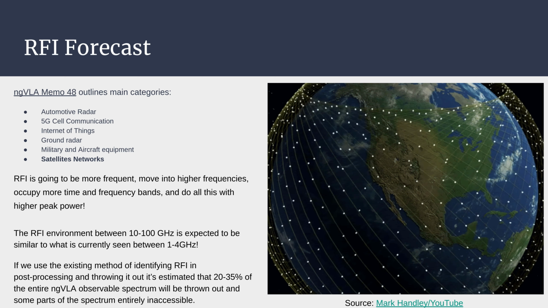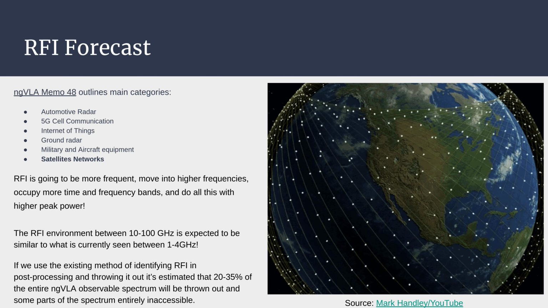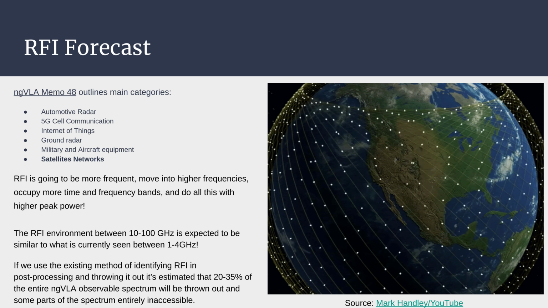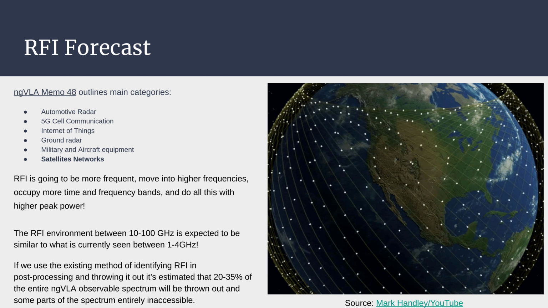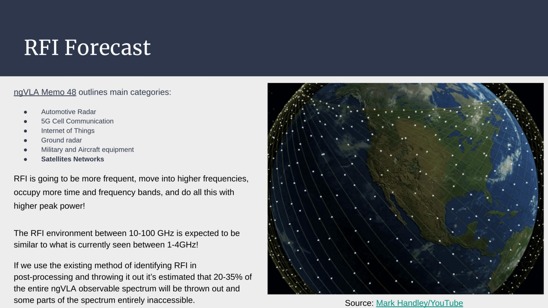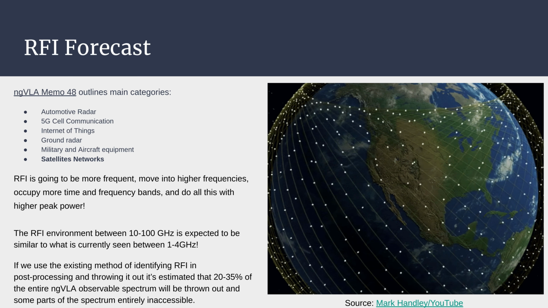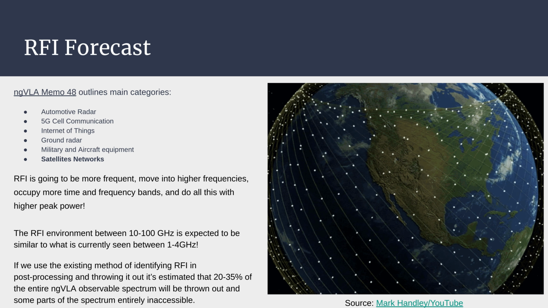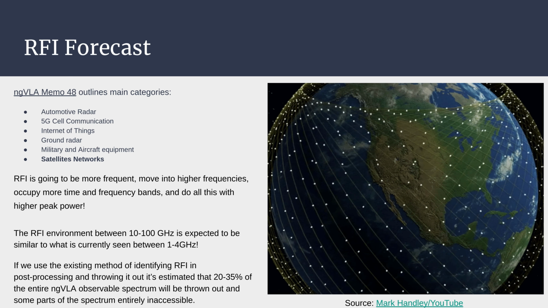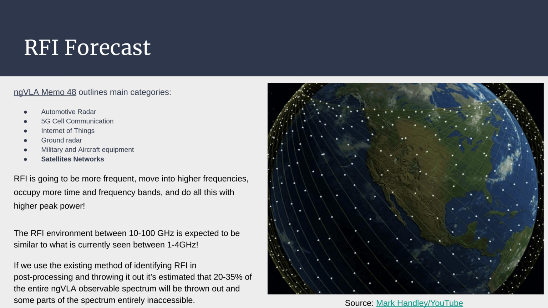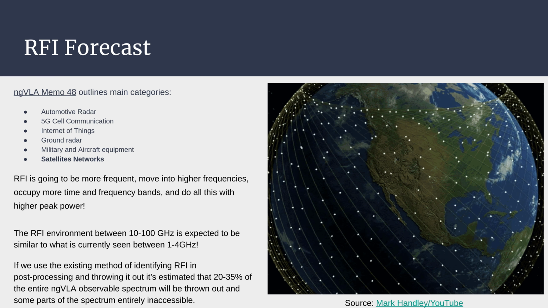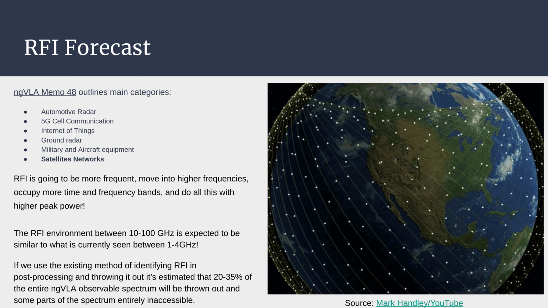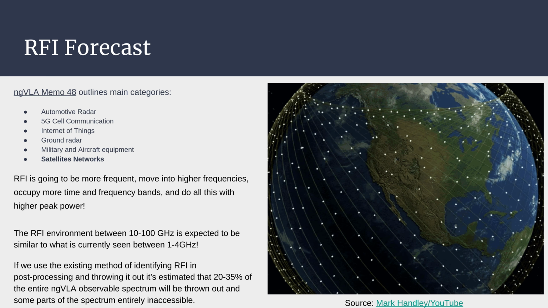The RFI environment between 10 and 100 gigahertz is expected to be similar to what is seen currently between 1 and 4 gigahertz. So if we were to use the existing method of identifying RFI in post-processing and throwing it out, we will throw away 20 to 35% of the entire ngVLA observable spectrum, and it could render entire parts of the spectrum inaccessible.